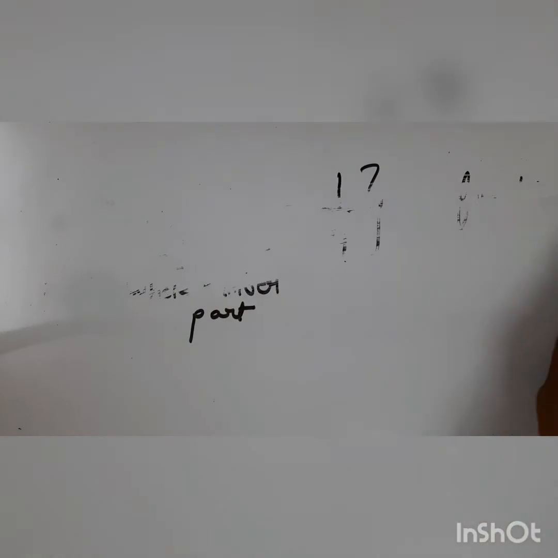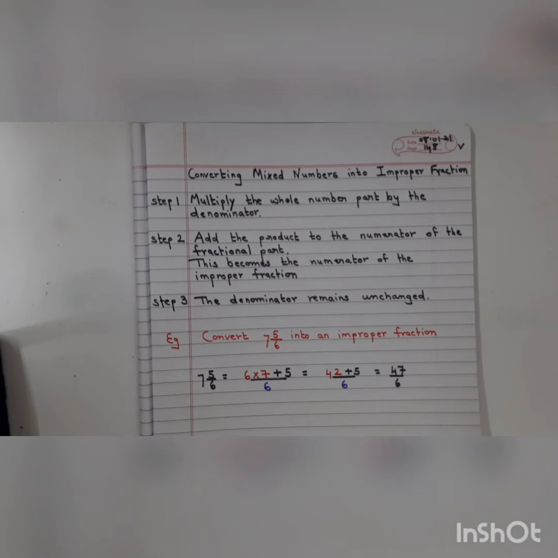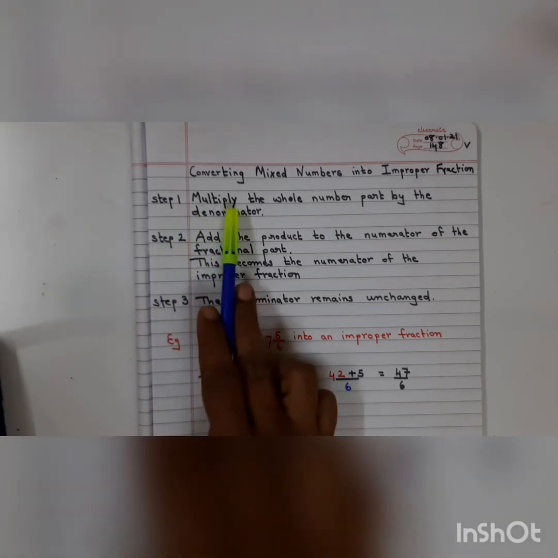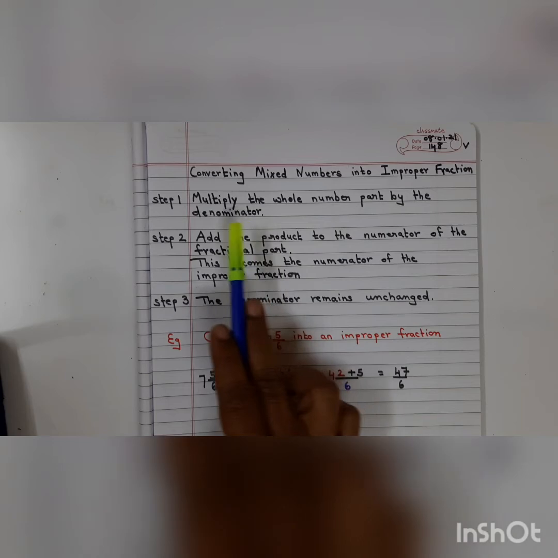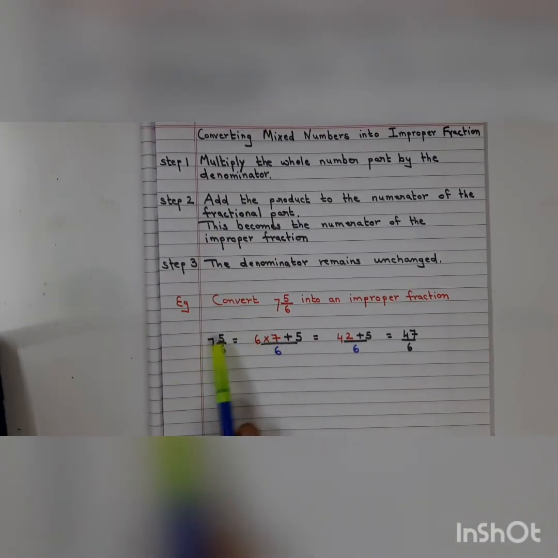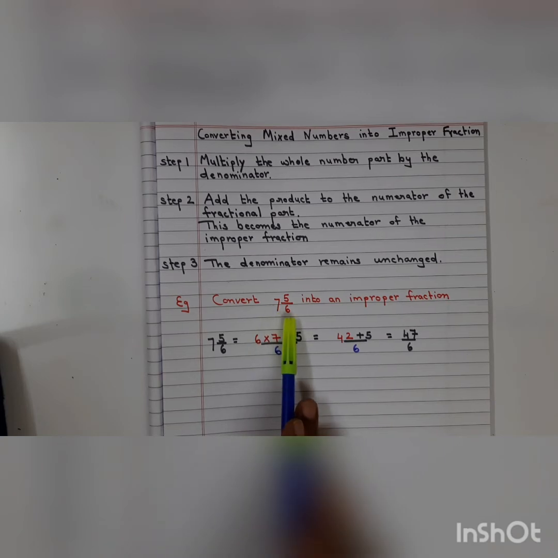Okay. Then today you also wrote something, children. What did you write in your books today? We wrote this, remember? Converting mixed numbers into improper fraction. Now what's the step 1? Multiply the whole number part by the denominator. Now this is your whole number 7 and your denominator is 6.